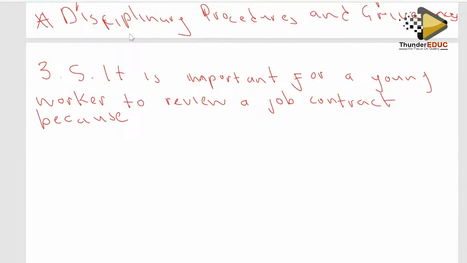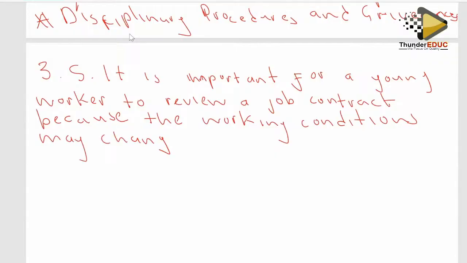the working conditions may change, or the job description may change.